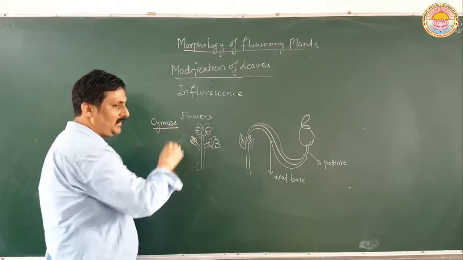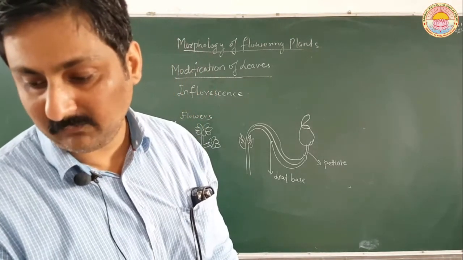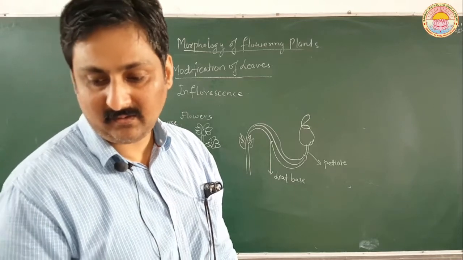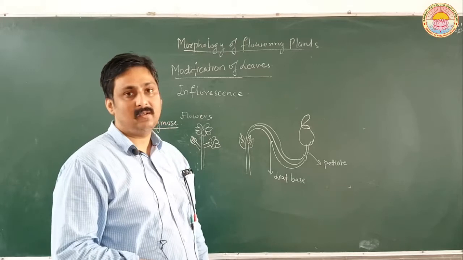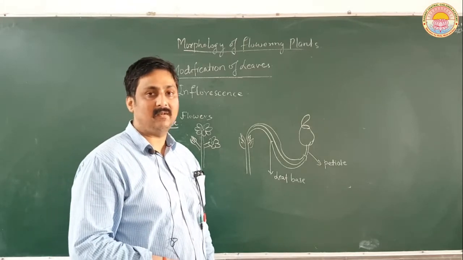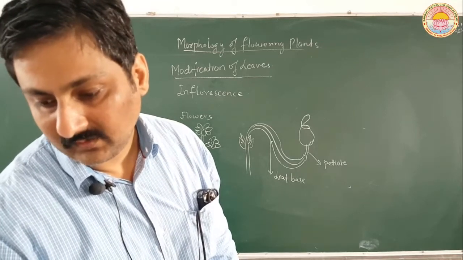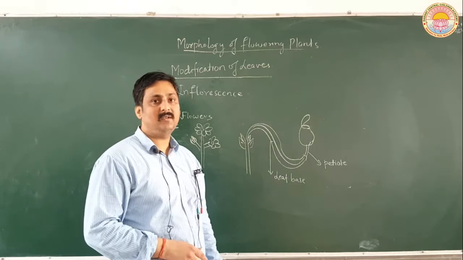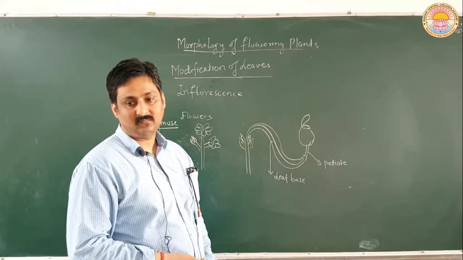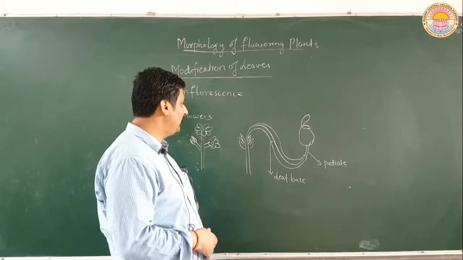Here the growth of the stem has been limited by the appearance of the flower at the tip. The flowers are born in basipetal order, or you say basipetal manner.